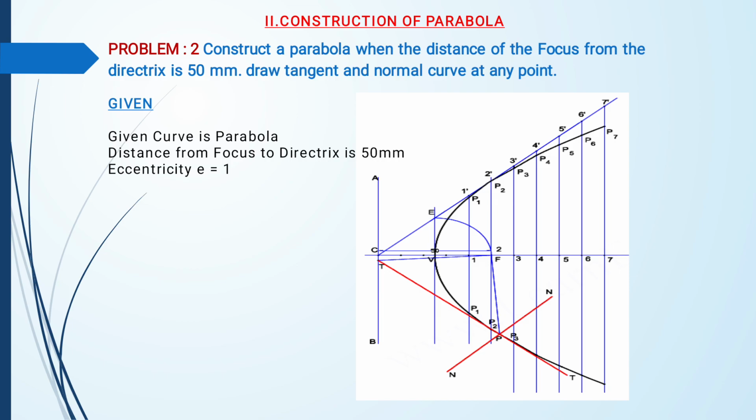Like that, in the parabola construction, the fixing of the directrix, the vertex and the focus is the same as in the ellipse. The only difference is the measurement of 1 to 1 dash, 2 to 2 dash, 3 to 3 dash and 4 to 4 dash are the same.